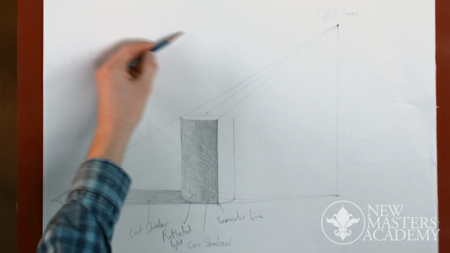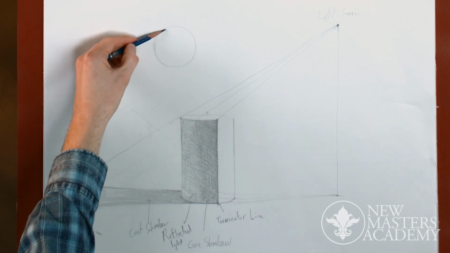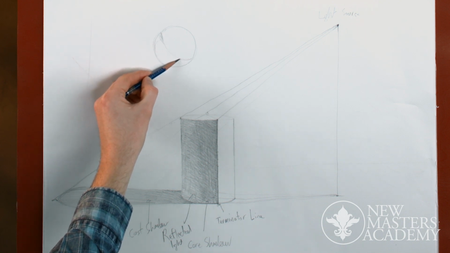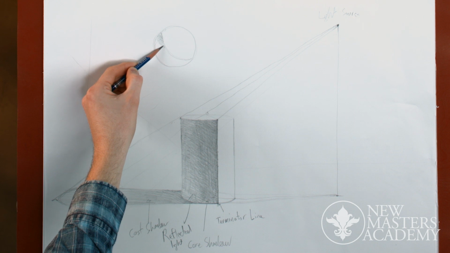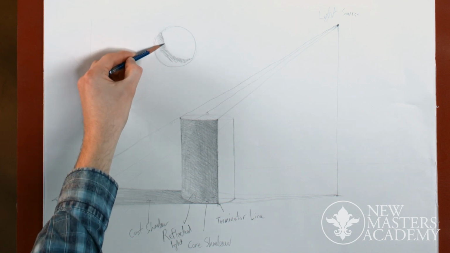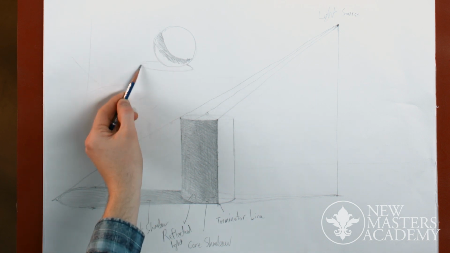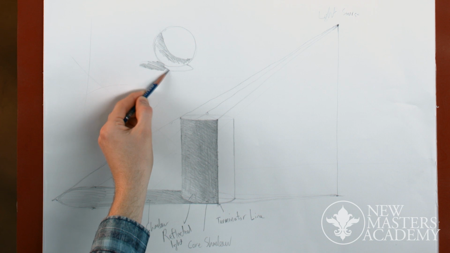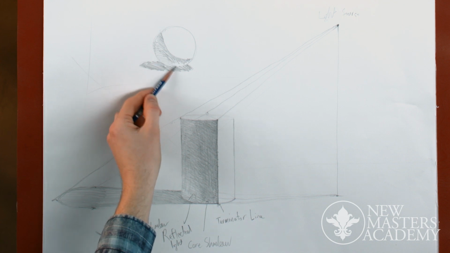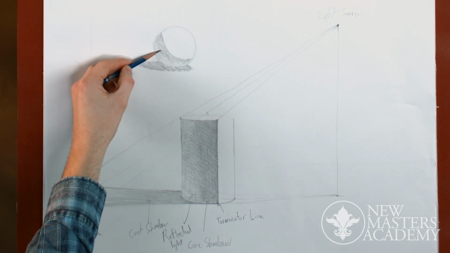So in essence, even though I know that we haven't covered the patterns of light on a sphere yet, the important thing is that you establish your terminator, you establish your core shadow, you establish your cast shadow, and then you make sure that your reflected light is a lighter value, a lighter tone than either of these.